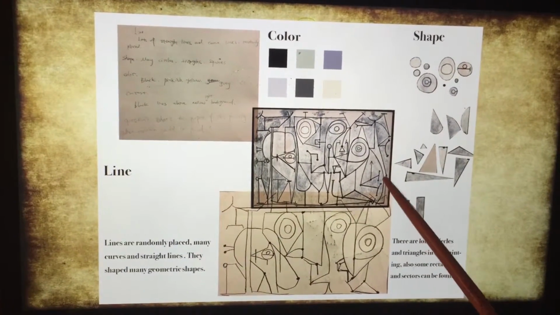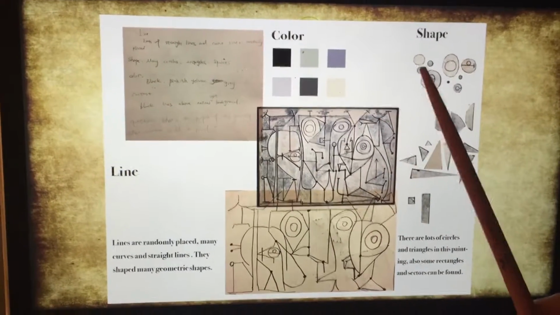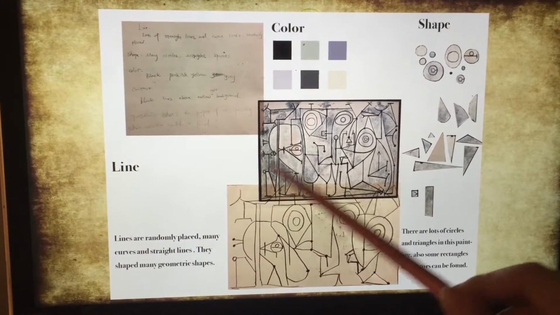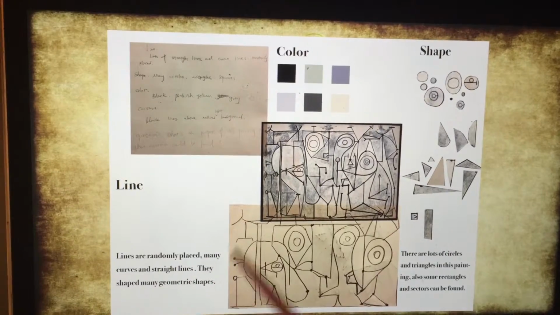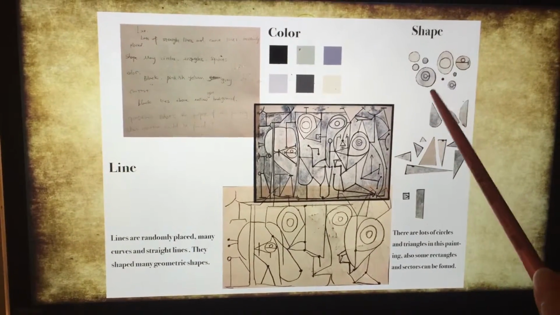So this is the taxonomy for The Kitchen, and the lines are very randomly placed, and also they shape many geometric shapes, and I grouped them.